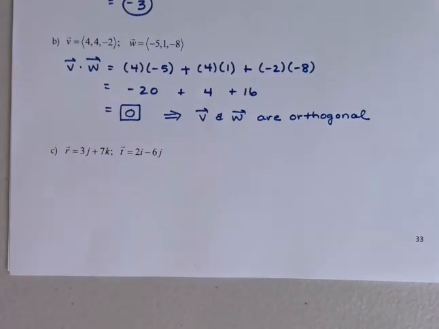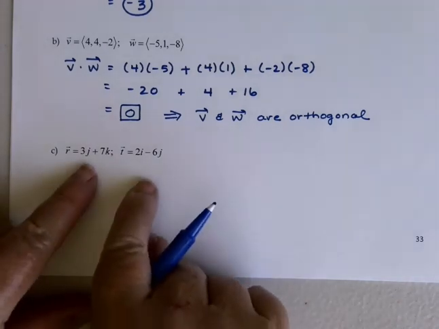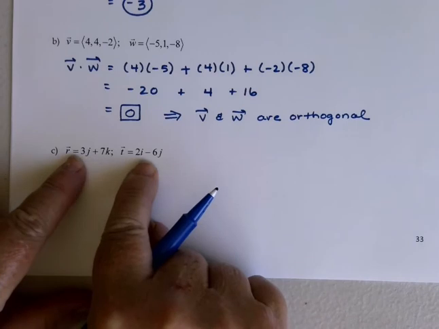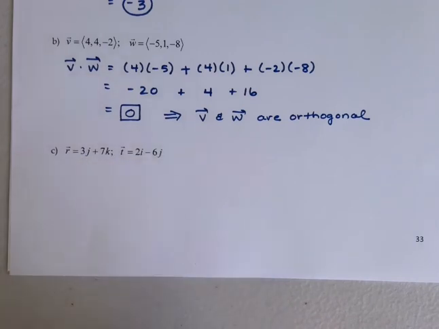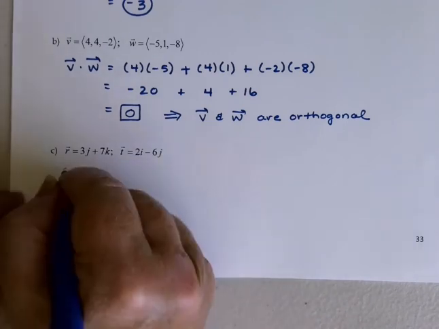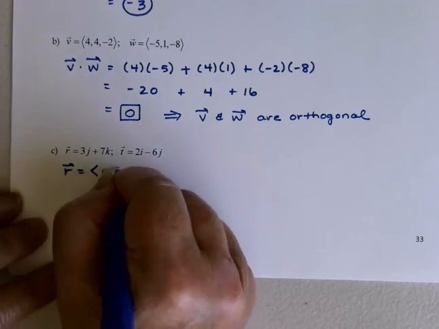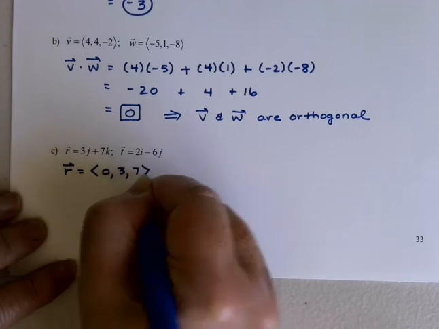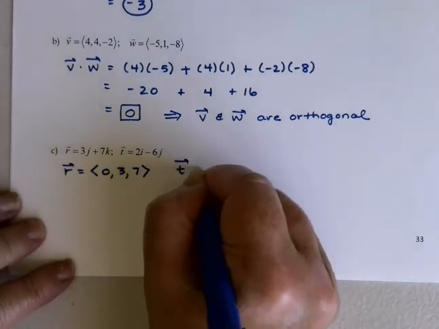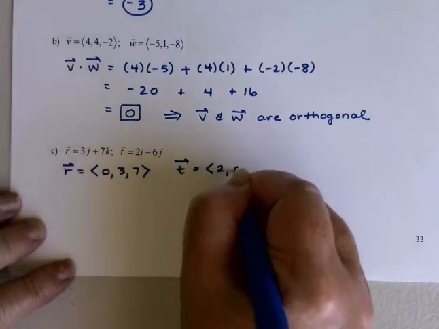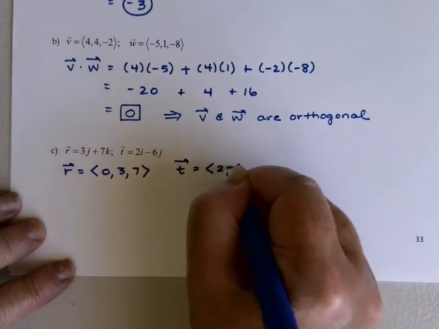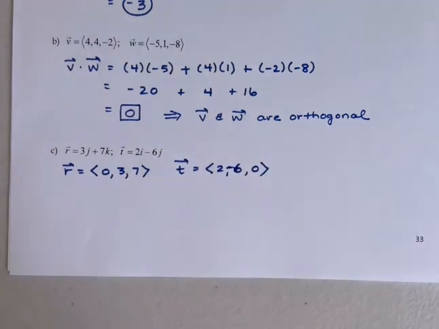All right, one more. Here's R and T. Here the i's are missing, here the k's are missing. These are ones where it's a lot easier for me to think about them if I rewrite them using standard position notation. So I'm going to take a moment and do that so I don't mess them up. There.